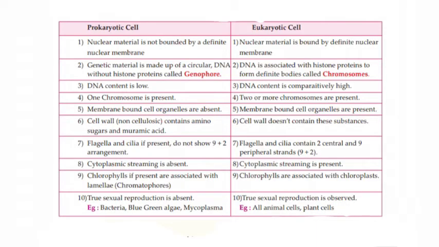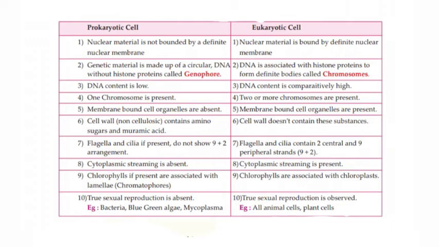Let's see the differences between prokaryotic cells and eukaryotic cells. The very first one: in prokaryotic cells, nuclear material is not bounded by a definite nuclear membrane. In eukaryotic cells, nuclear material is bound by a definite nuclear membrane. In prokaryotic cells, genetic material is made up of circular DNA without histone proteins, called the genophore.